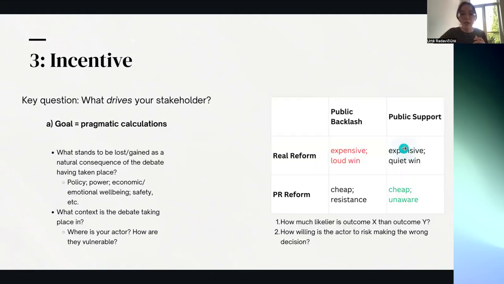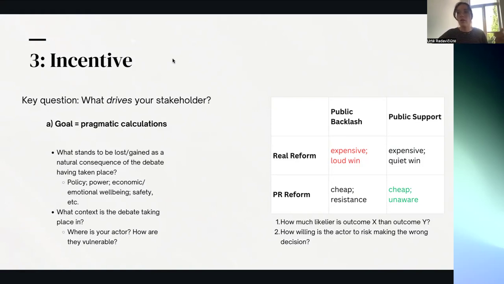And here is a quick sort of walkthrough of a potential scenario in a debate where we're calculating between competing incentives. So this is a sketch out of some sort of an institution, or to make it more intuitive, a company that has the choice of either implementing actual reforms or PR reforms.